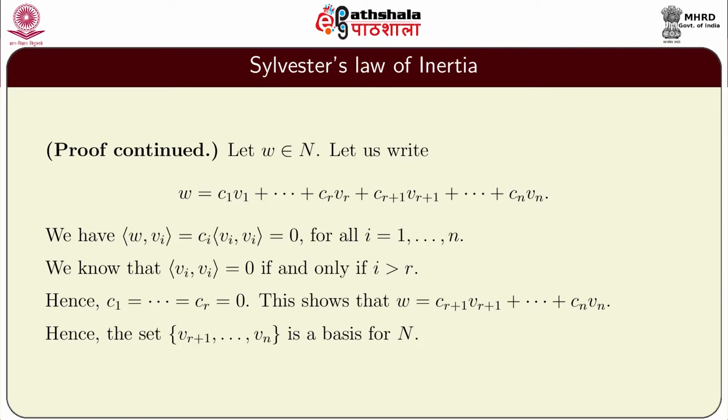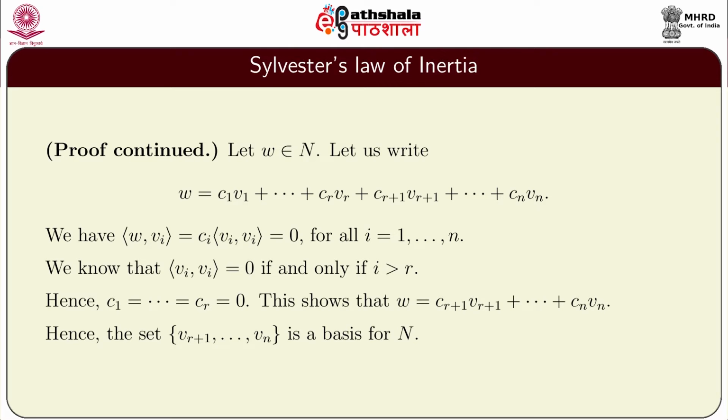If we take the inner product of W with Vi, then plugging in that expression for W inside the inner product and then applying bilinearity, we obtain it is equal to Ci times the inner product ⟨Vi, Vi⟩, and that is 0 for all i equal to 1 to n.